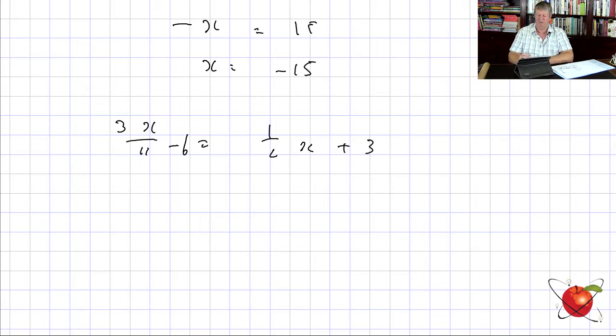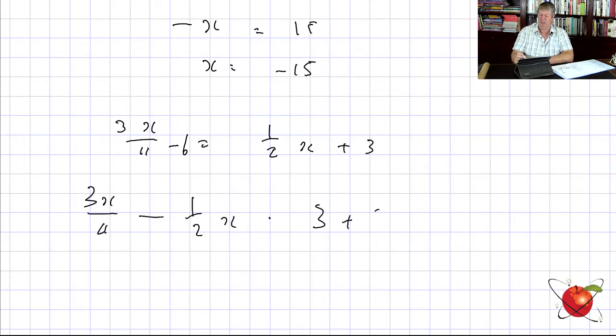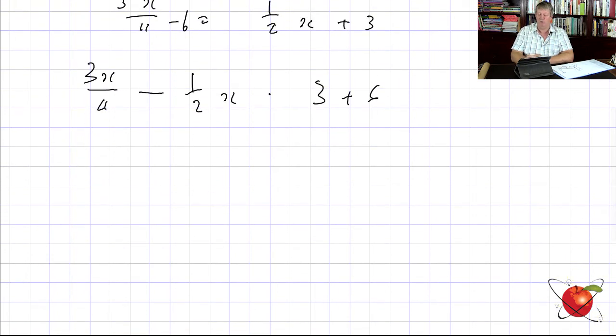This is a half x. We have to bring the half x to that side and take the 6 to the other side. So 3x over 4 minus a half x equals 3 plus 6. I'm aware you could probably do that in one step in your head.